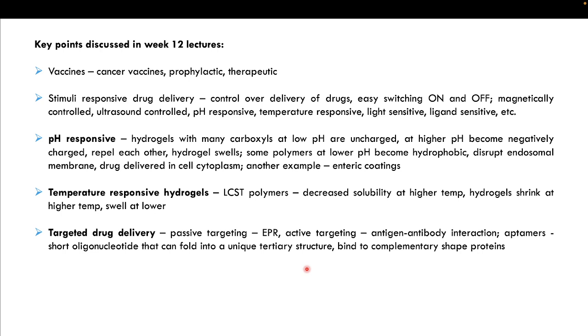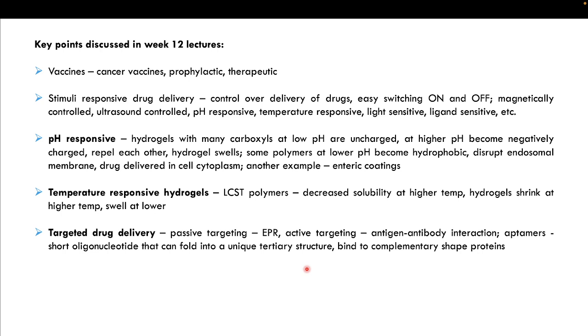So the endothelial cells which line the blood vessels are not very tightly packed, and they have a lot of gaps in between them. So whenever you deliver your micro or nanoparticles through the blood vessels, most of these particles will end up going to the tumor because of the leaky architecture of the blood vessels. So this is known as enhanced permeation effect.